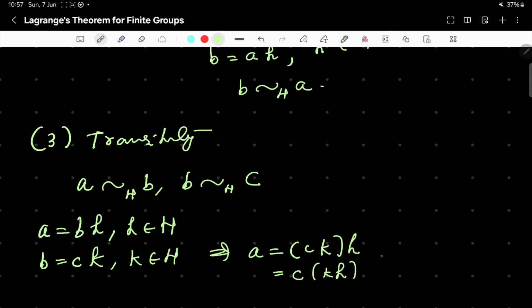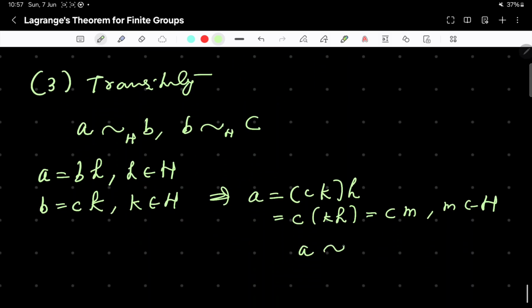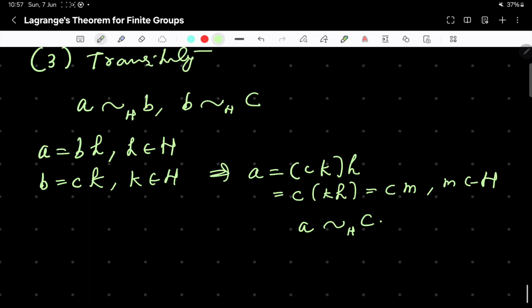Now k and h are elements of a subgroup, so kh is some m, where m belongs to H. So you got that a is related to c. So this is an equivalence relation.